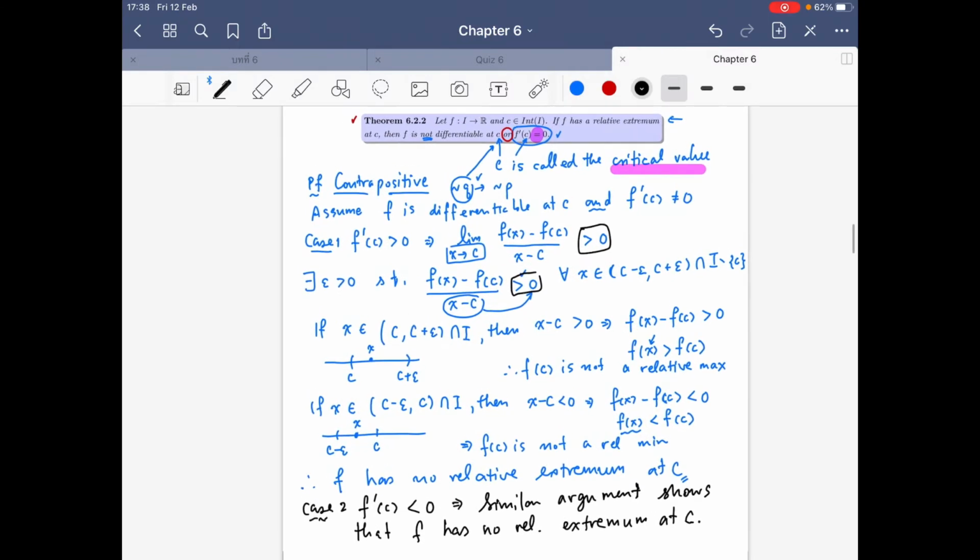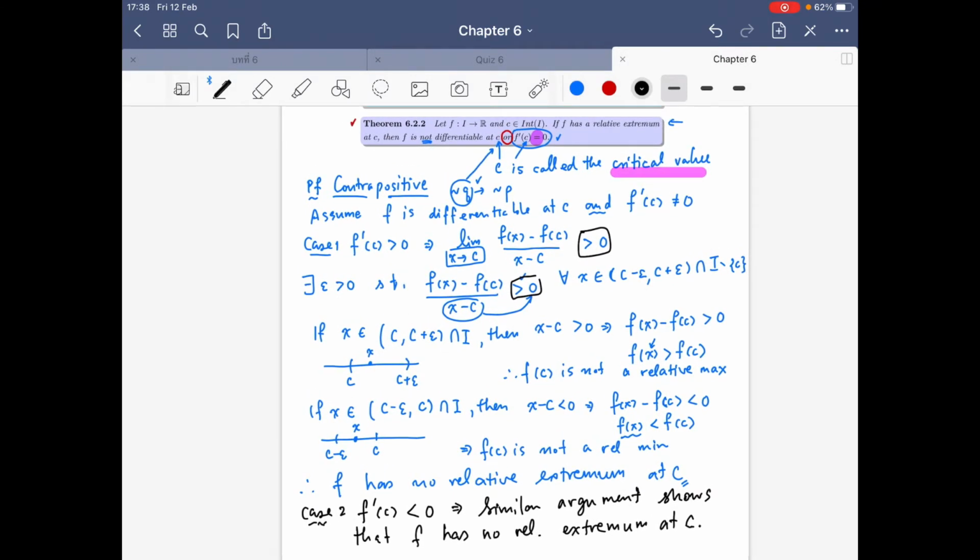So this theorem is just saying that if you are going to find the relative extremum, you should look at the point c in the domain such that f is not differentiable or f prime equals 0.